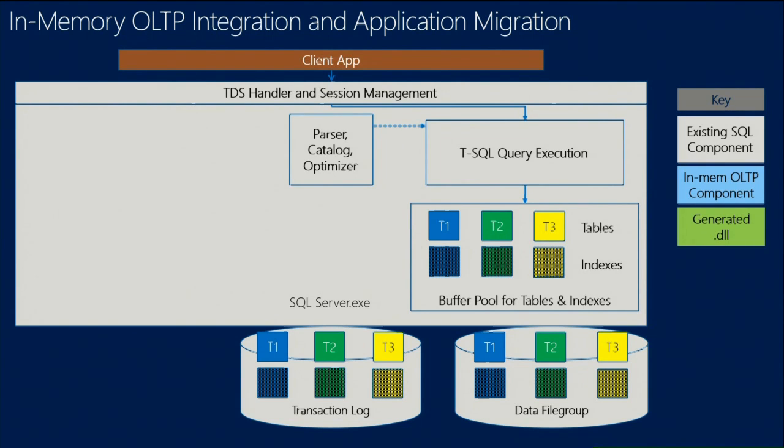This big gray box in the middle represents the SQLServer.exe process. This is the SQL Server engine. This engine takes care of things like the connection handling, you have your parsing, query optimization, query execution, and then on the storage side, these queries are typically executed against the buffer pool, where the pages from tables and indexes are kept in memory.